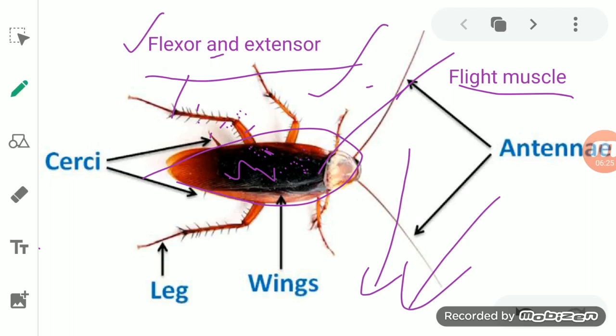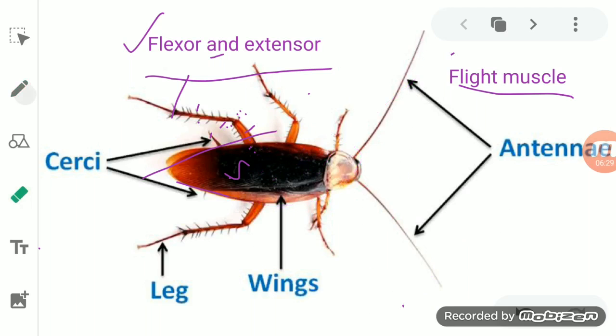When its wings move down and backward, the downward push on the air lifts the cockroach up into the air, and the backward push on the air makes it move forward.